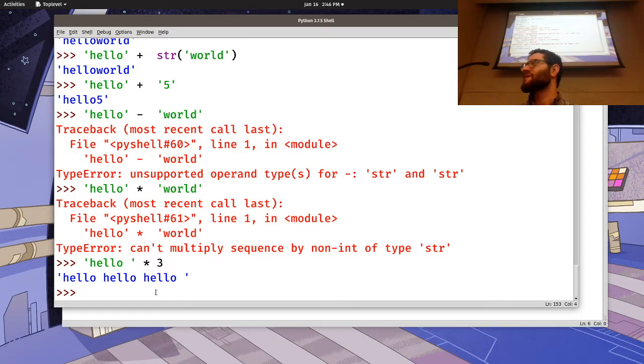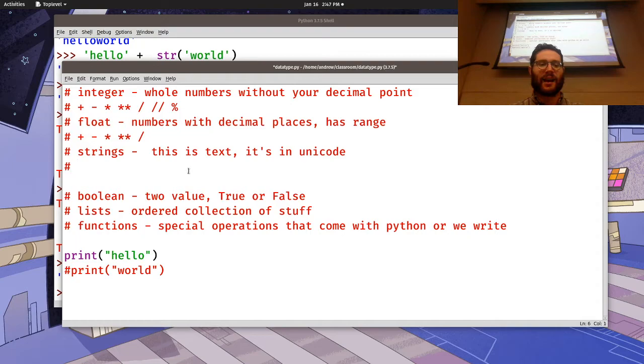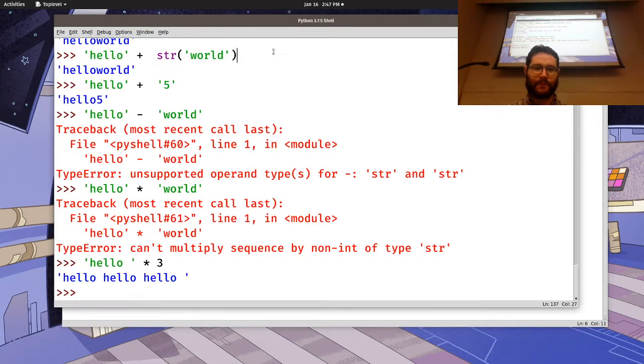So the two operations that you can do with strings are plus and, I'll put this in parentheses, times int. You can times it by a number to basically replicate it.